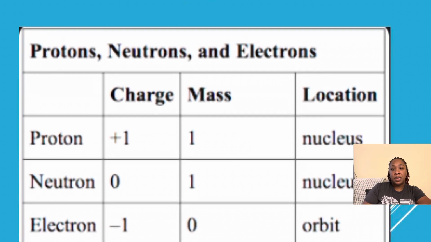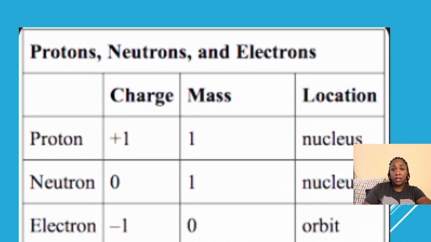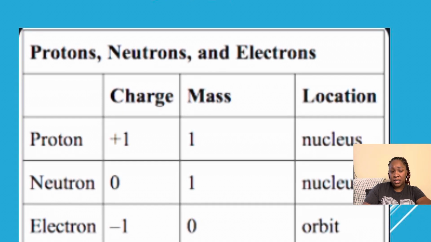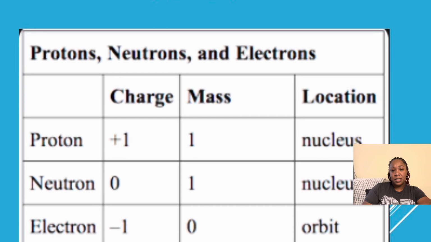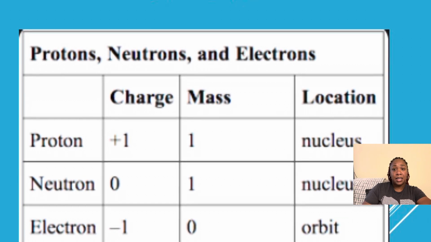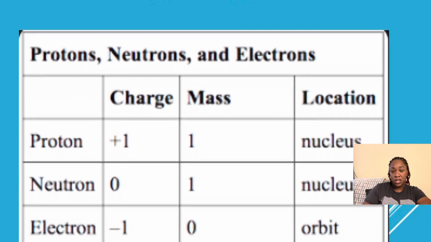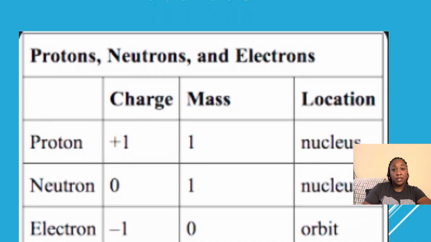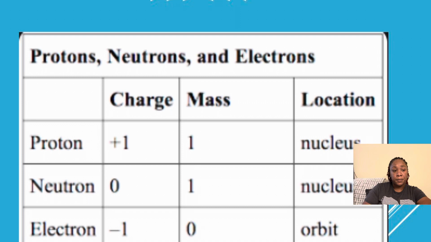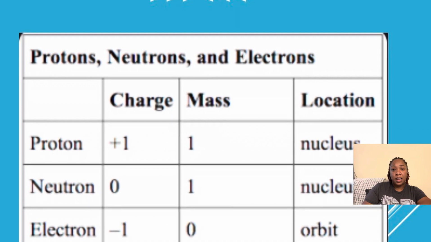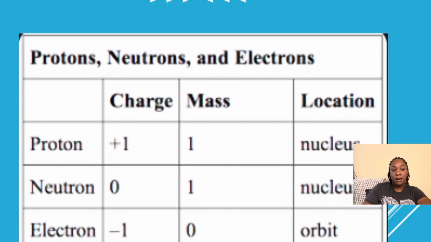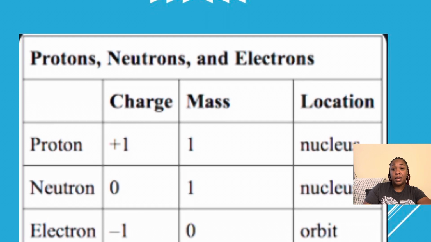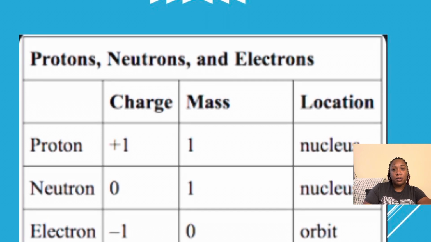We also need to be aware of the location of the protons, neutrons, and the electrons. So the protons and the neutrons are located inside the nucleus, and that's why the nucleus is positively charged, because the protons have a positive charge. The neutrons are electrically neutral, so there's no charge. The electrons are located in orbit, so they're going around.